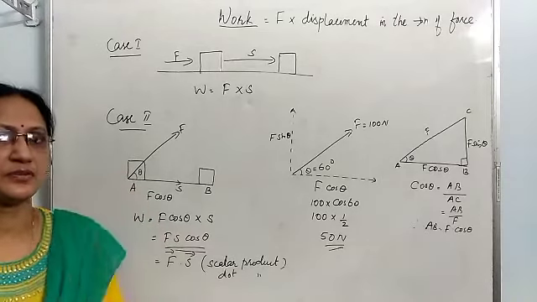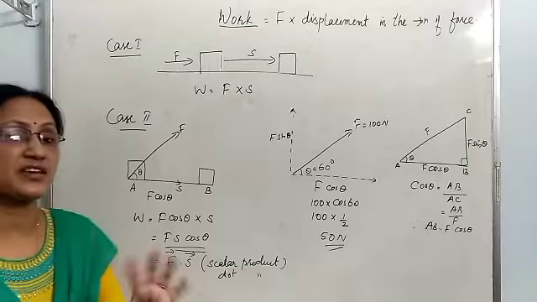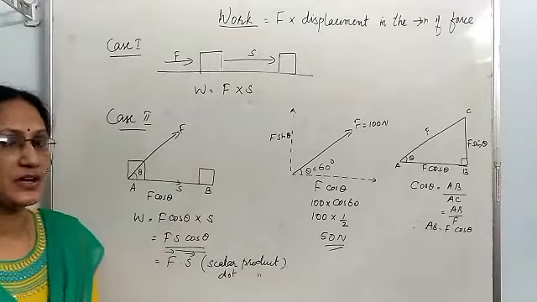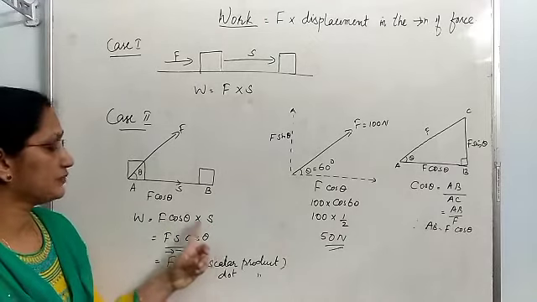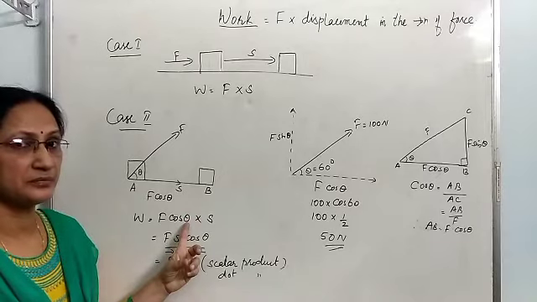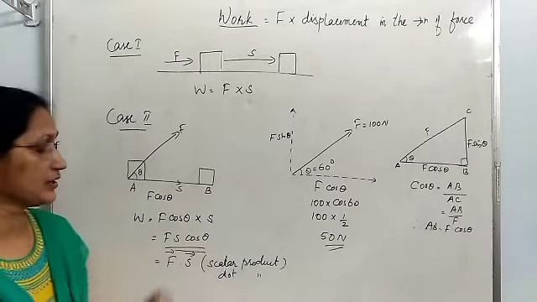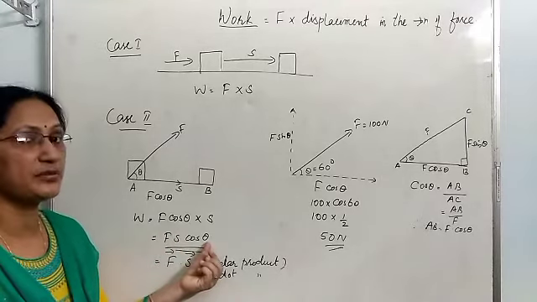Roughly, just for your basic information, remember vectors can be multiplied in two ways, dot product and cross product. When two vectors are multiplied with the cosine of the angle between them, that product is known as dot product or scalar product. Look, F is a vector, S is a vector, theta is the angle between them.